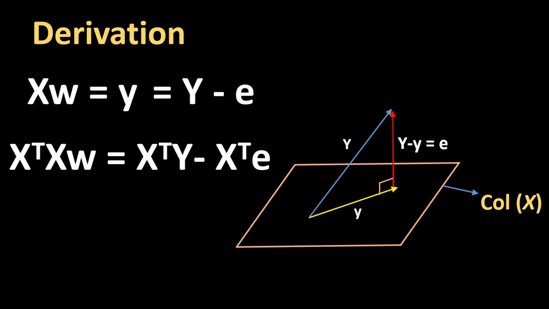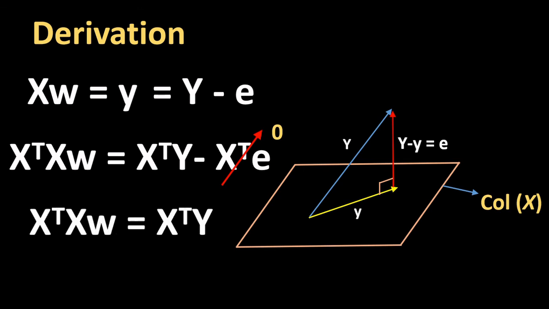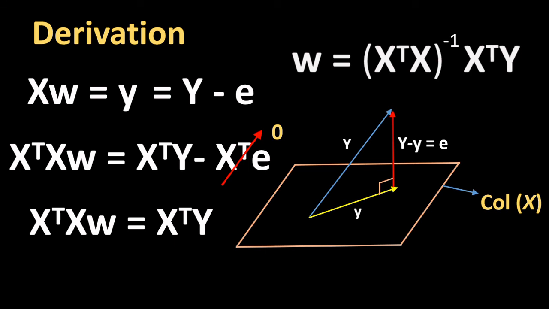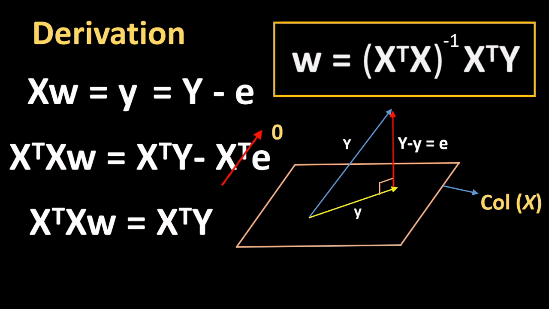And just now we have seen that the value of X transpose e is equal to 0. Therefore, we are left with X transpose Xw equals X transpose Y. And now this X transpose X is a square matrix of dimension m plus 1 cross m plus 1, and if its determinant is non-zero, that is, it is non-singular, then we can find its inverse to get the value of W as X transpose X inverse X transpose Y. See how easily we have computed the value of W using geometry in an elegant manner.